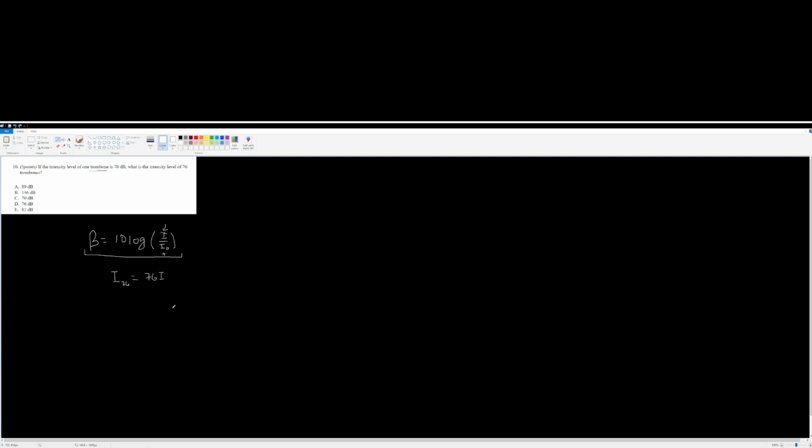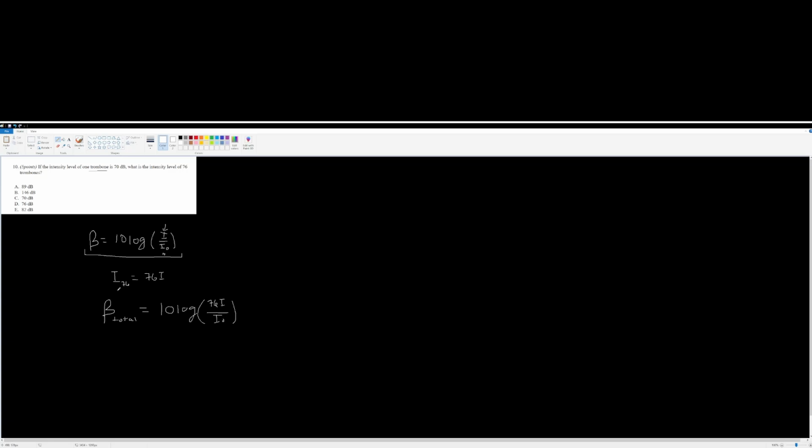So, essentially, if I say that we have the total sound intensity that we're looking for here, then what we're going to be looking for is essentially 10 times the logarithm of 76 I over I naught.